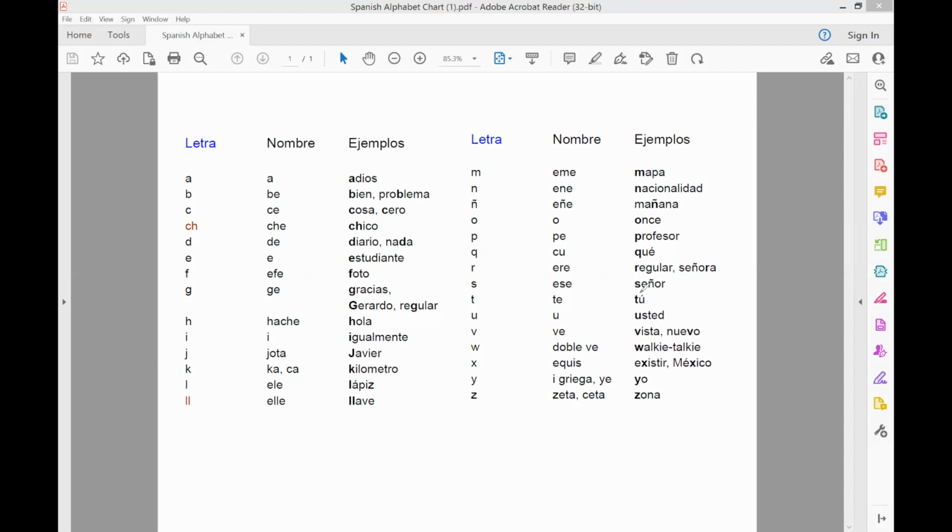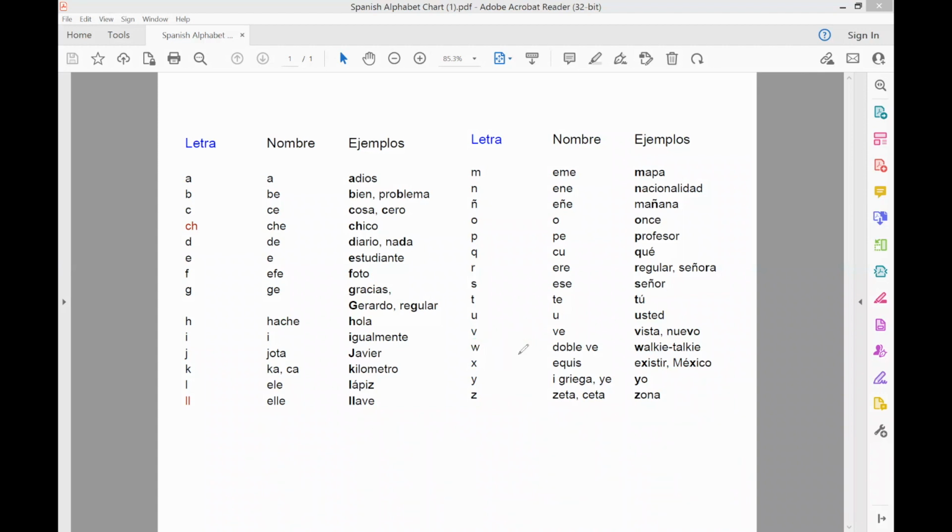Usted. Ve. Vista. Nuevo. So our V in Spanish, in most Spanish-speaking countries, the V and the B are the same sound. Okay, continuamos.